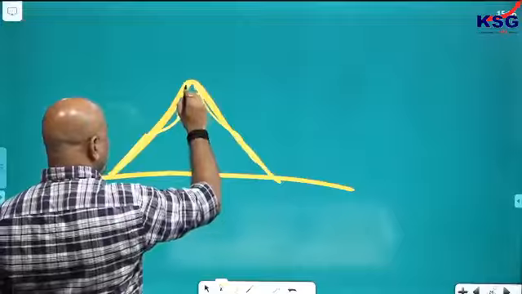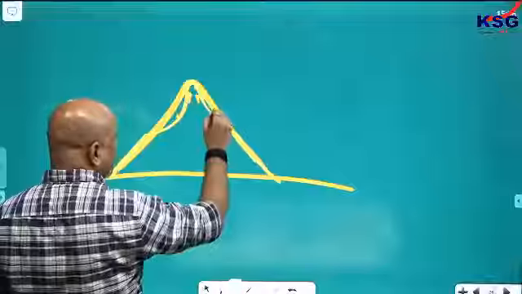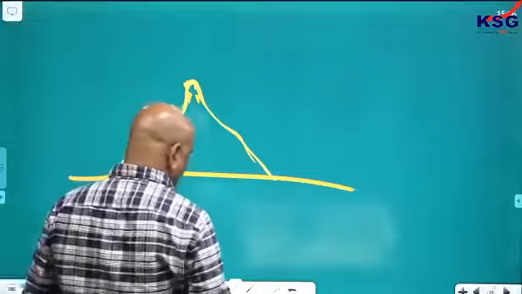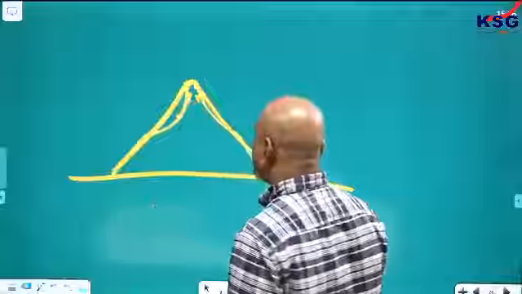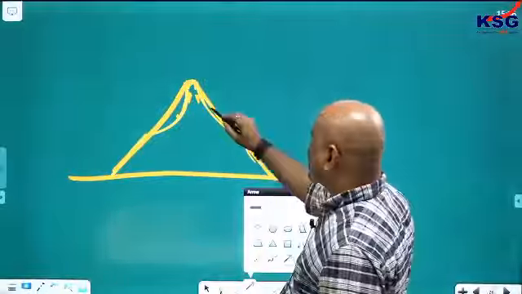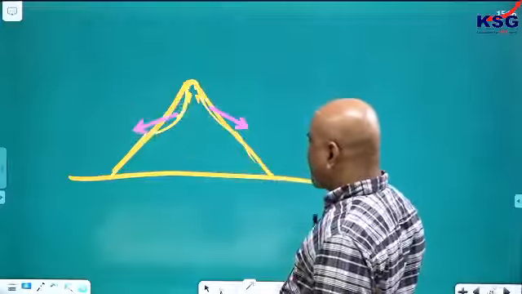This will get eroded and form this type of peak finally. Earlier it was like this. Now because of glacial action, the glaciers are moving here and a valley will form.